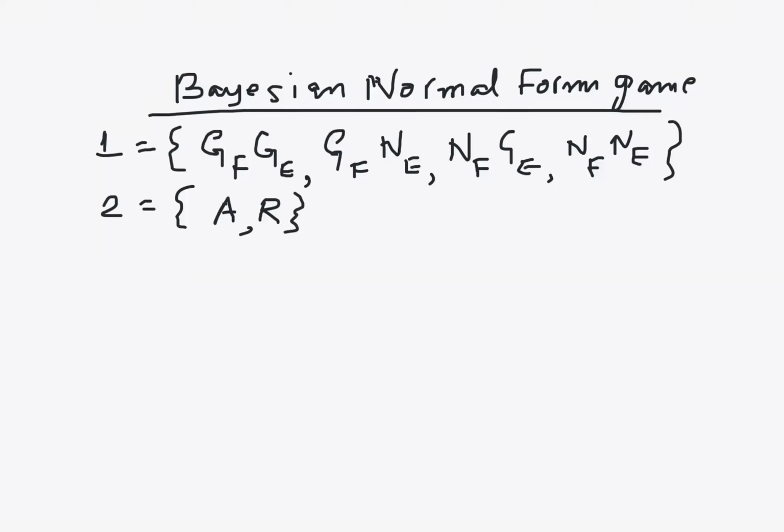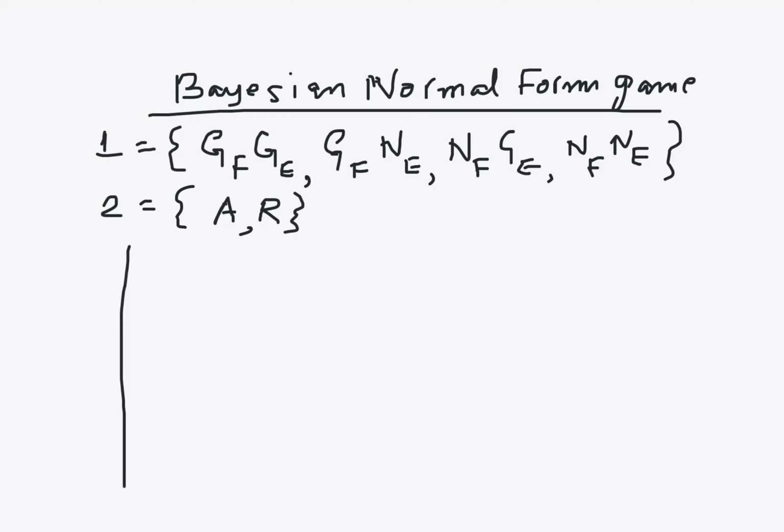So this gives us the dimension of the Bayesian normal form game, and it is a 4x2 game, meaning 4 rows and 2 columns. So let's draw the normal form game.